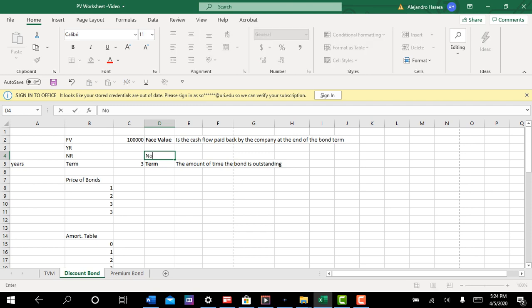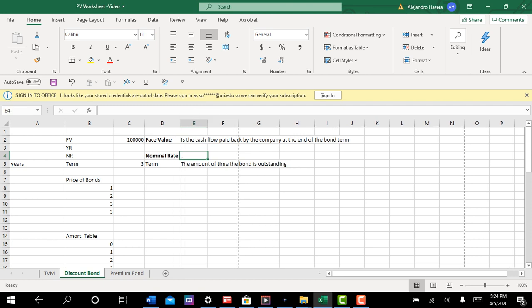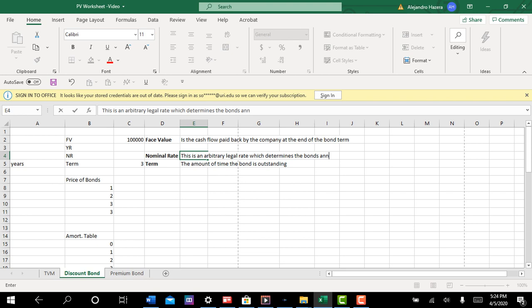Let's do the nominal rate. NR stands for nominal rate. The nominal rate on the bond is an arbitrary legal rate which determines the bond's annual, and I'm going to say here periodic, periodic cash flow.